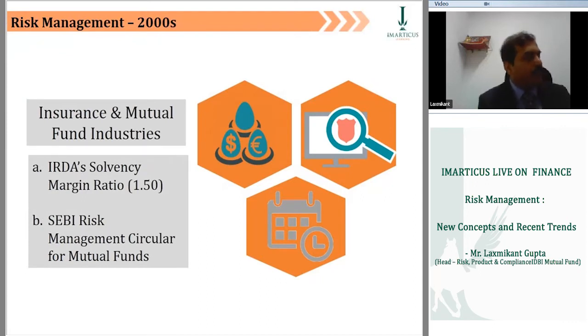Insurance was privatized in the early 2000s, and various private insurance companies came in. At the same time, the mutual fund industry also flourished during the late 90s, with the advent of various private sector mutual funds.